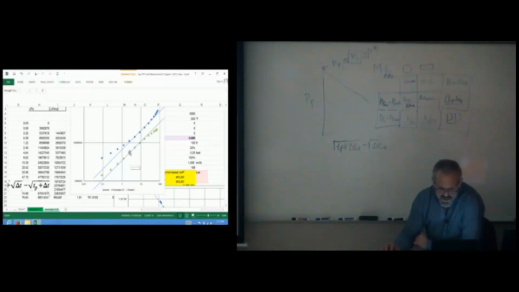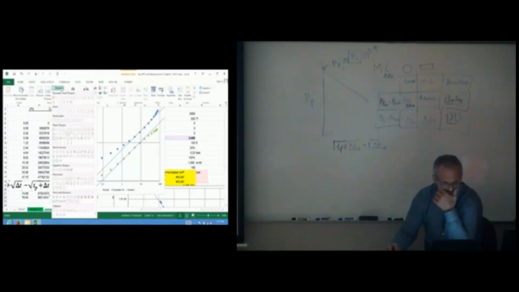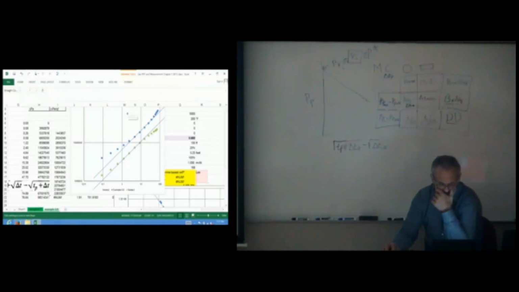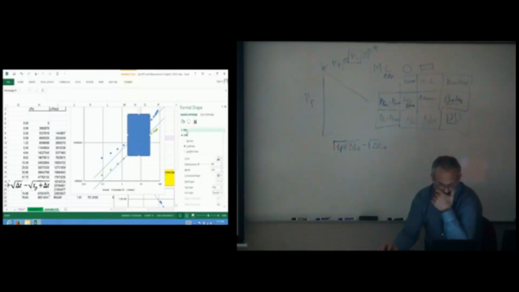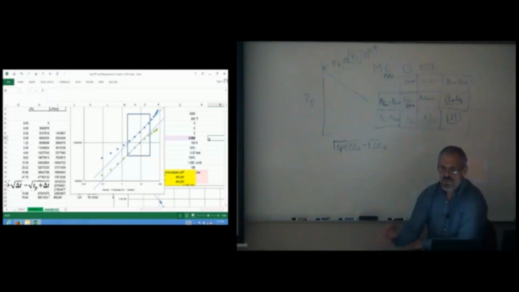But it looks to me, I'm going to get a square this time, it looks like in that area I've got linear flow from my diagnostic plot.